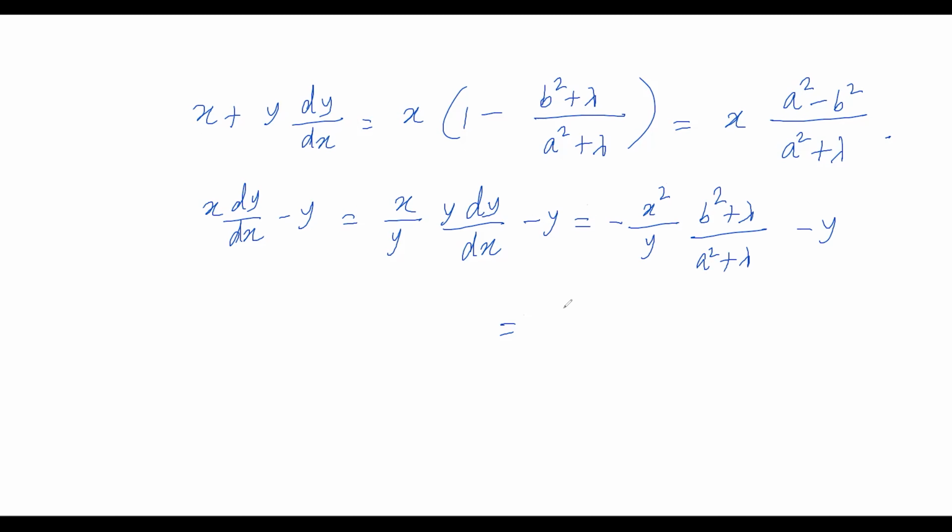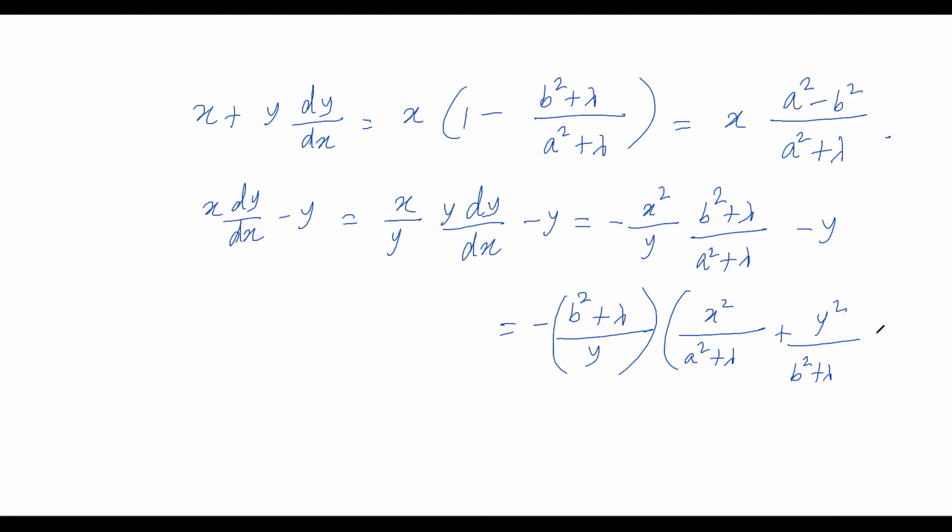If you take out b squared plus lambda by y and the minus sign, inside you will get x squared over a squared plus lambda plus y squared by b squared plus lambda.